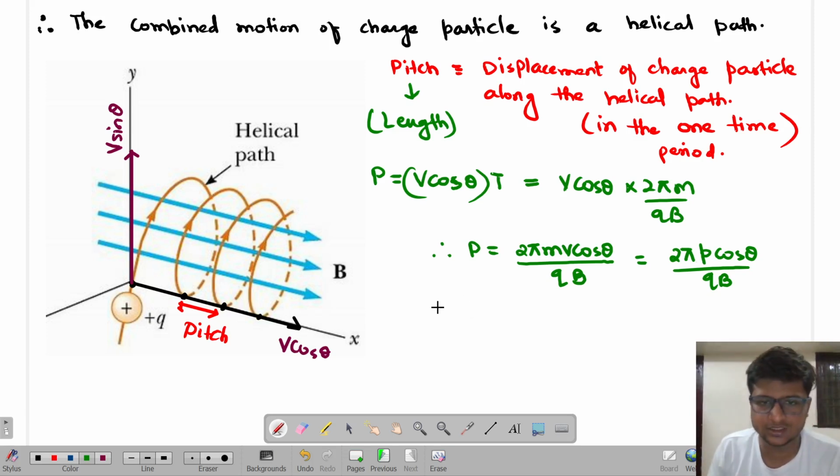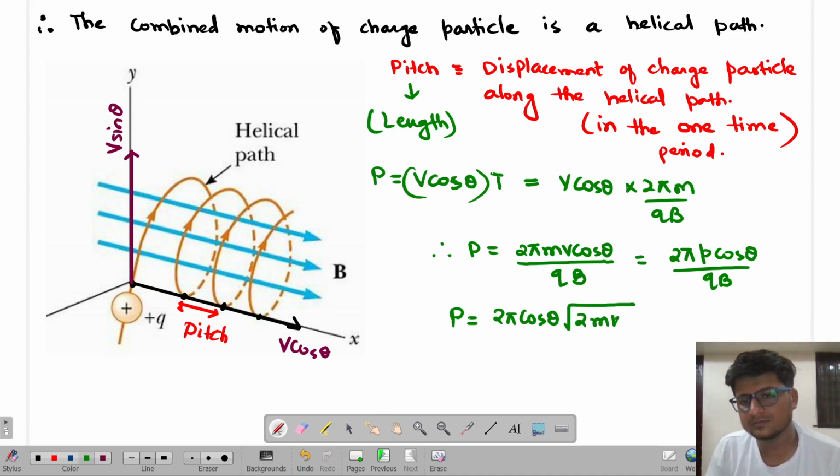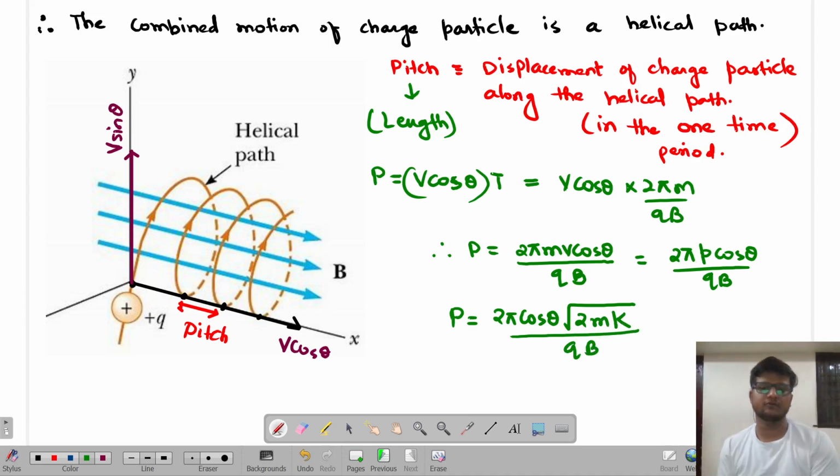What is momentum? It is root under twice mass into kinetic energy. So you can write 2 pi cos theta into root under twice mass into kinetic energy, divided by qB. That is also one more formula. So there are three formulas of pitch which I gave you right now, and this is how you will remember it. Are you able to get me or not? Is it clear totally?